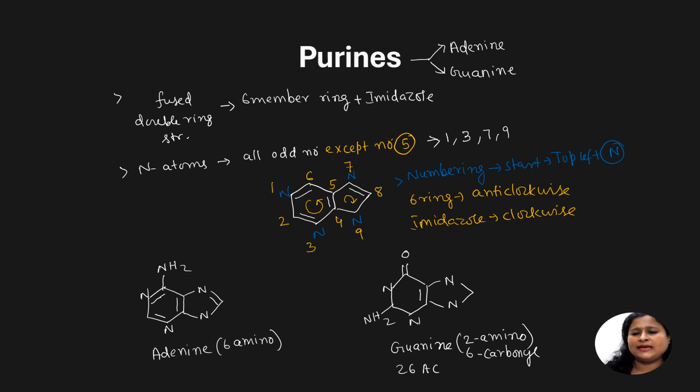AC, air conditioner, we all have 26 AC: 2 amino, 6 carbonyl. Is the structure of purine very clear? I hope you are easily able to make the structure of purine. Just remember the mnemonic and then you can easily draw it, along with the basic fundamentals required for making the structure. So let's now see the pyrimidine structure.